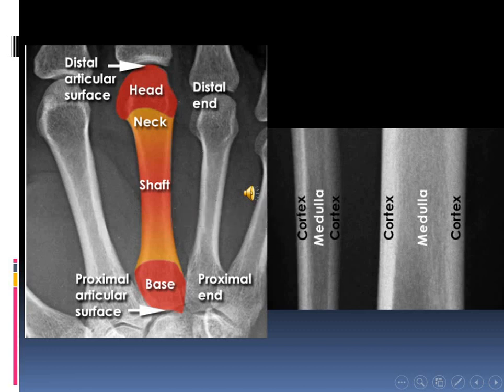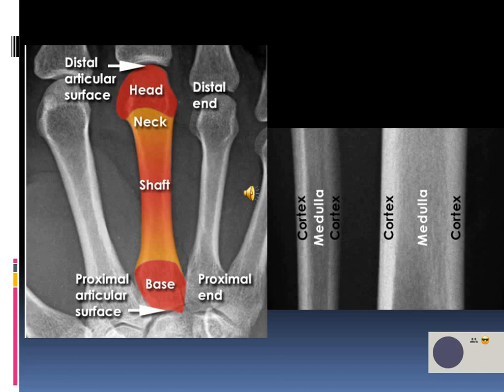Examples of the plain X-ray of the right hand, we can see the metacarpal bones. We can see on the right image the part of the bones which show the cortex, which is very dense as compared to the medulla in the middle. So the medulla, it is the marrow and it is low dense, while the cortex on both sides is hyperdense and it is denser than the medulla.